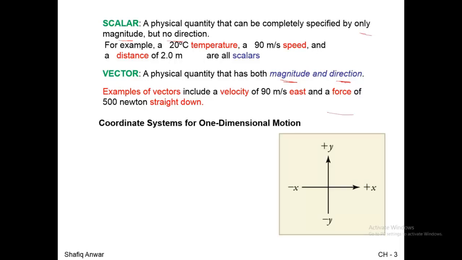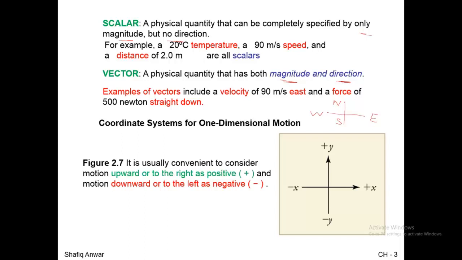Directions can be shown like east, west, north, south, or positive x-axis, negative x-axis, positive y-axis up and negative y-axis down. Or sometimes we use how much angle some vector is making.